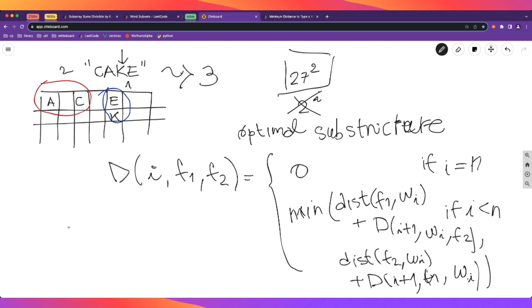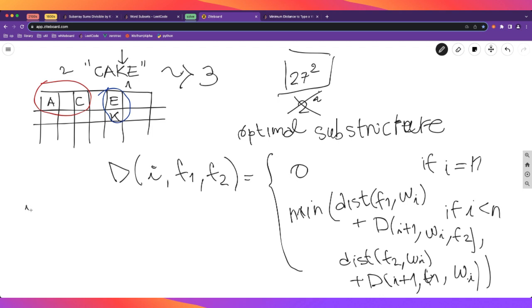So now, to prove that this is going to be fast enough, let's count how many subproblems. Every subproblem just has two cases, and the distance we can calculate in O of 1, constant time. So every execution of this recurrence is going to take constant time. So we only need to count how many subproblems there are.